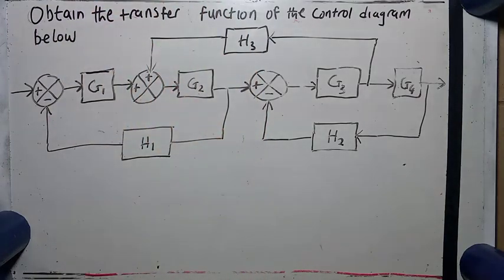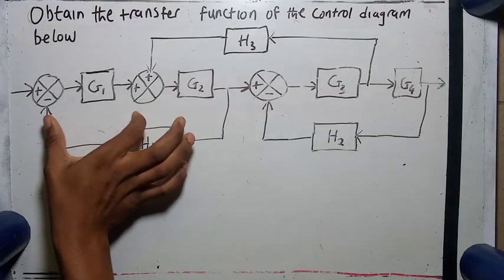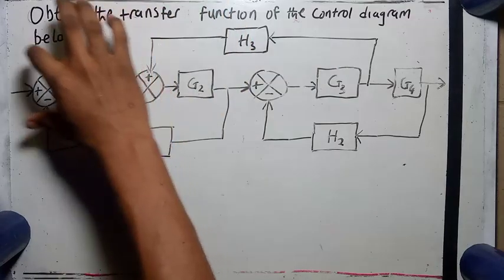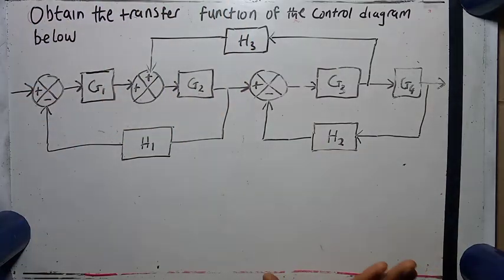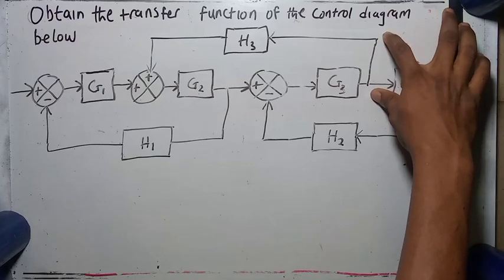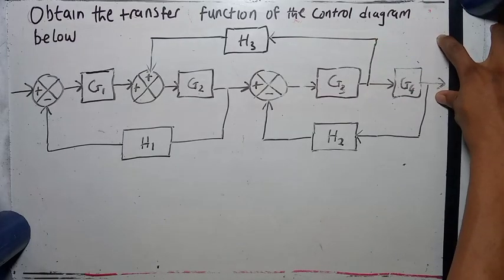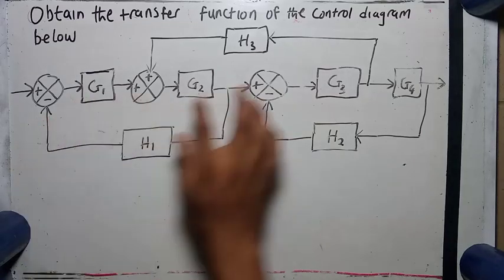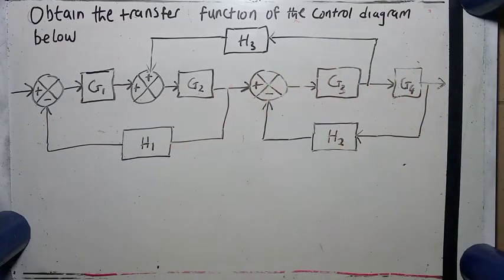Like we said in one of our earlier videos, summing points can be interchanged. So if we move it over here, we can simply interchange the two of them without adding anything. The same thing here, we move this one over to this part. So we have two complete closed loops, and we can then resolve for that one and then find the one on top.